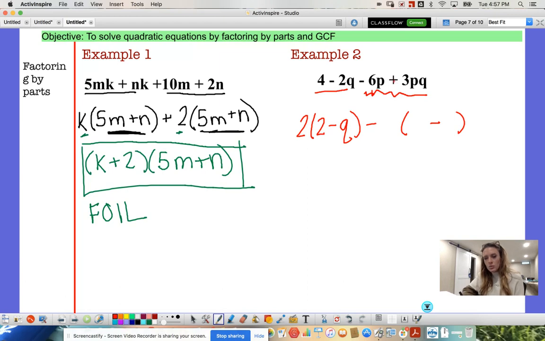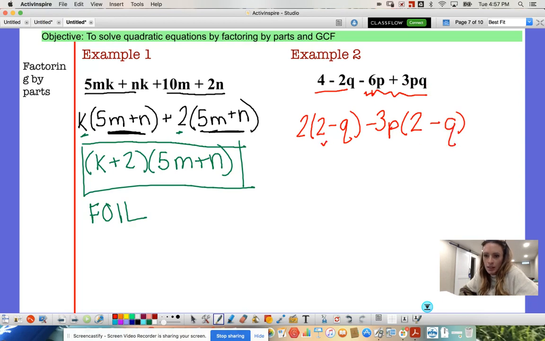So if I want this to be a subtraction sign, then I need to take a negative out. And I want my first term to be positive, and it's negative right now, so I know I need to take a negative out. And again, now we can take out a 3p. 6 divided by 3 is 2, and I have no more p. 3pq divided by 3p, that just leaves me with q.